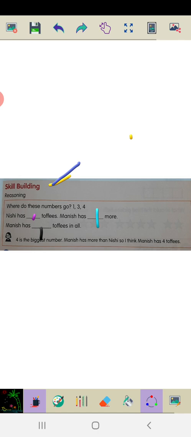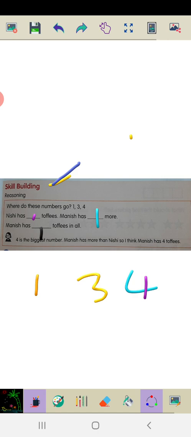Try to write 1 and see whether it is right or wrong. Then 1, then 3, then 4. There are 3 blanks. For example, you keep Nishi has 1 toffee and Manish has 4 more.